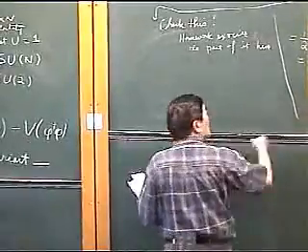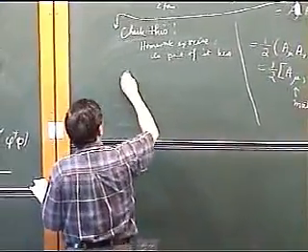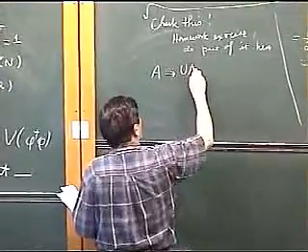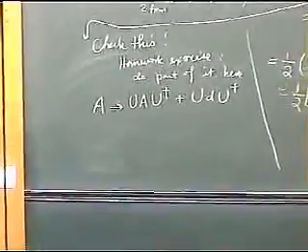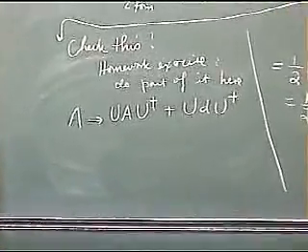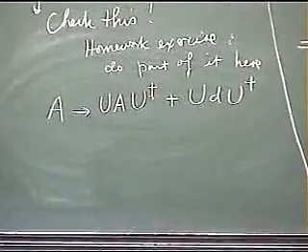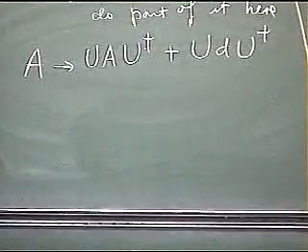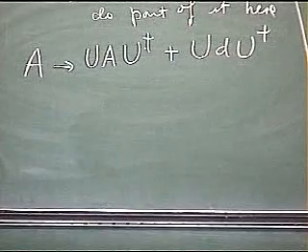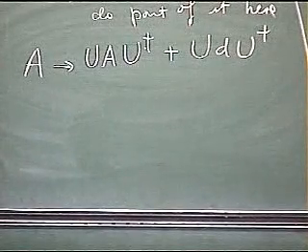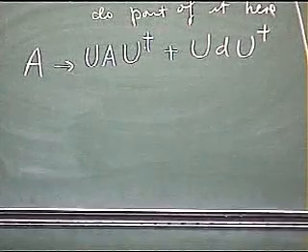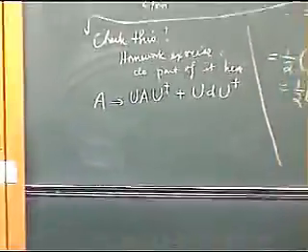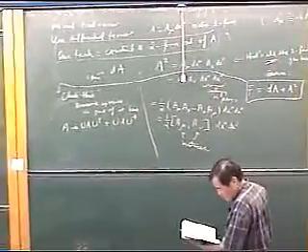Okay, so the first thing is to write the transformation law over there, which is A goes into U A U dagger plus U d U dagger. Okay, so that's this thing here, this equation written in terms of forms. And the i disappears because I'm using the nice notation of mathematicians, which minimizes the number of i's. Physicists have i's all over the place. So that is the transformation law.